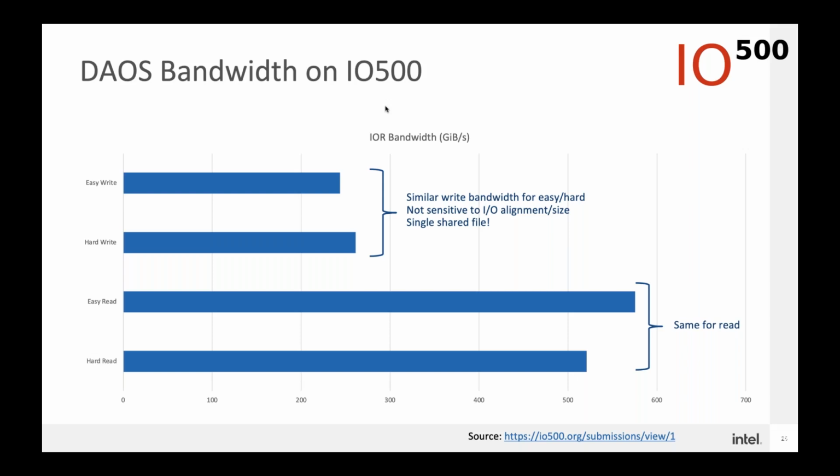The workloads include IOR-easy, which is bandwidth for well-formed large sequential IO, and IOR-hard, bandwidth for a strided IO workload with small misaligned IO transfers like 47K.